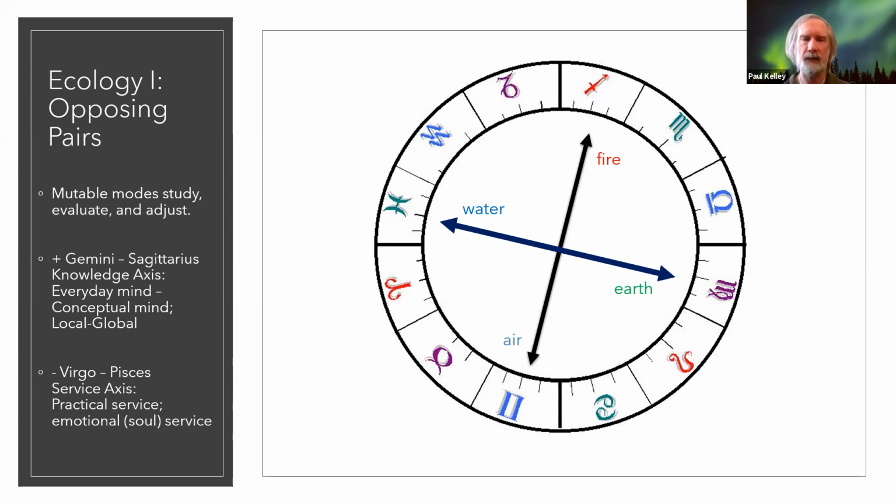It's going to think conceptually. It's going to lift above that local level and the everyday kind of level of things you think about into broader conceptual things. It has a more global focus. So think global, think local, act global, right?